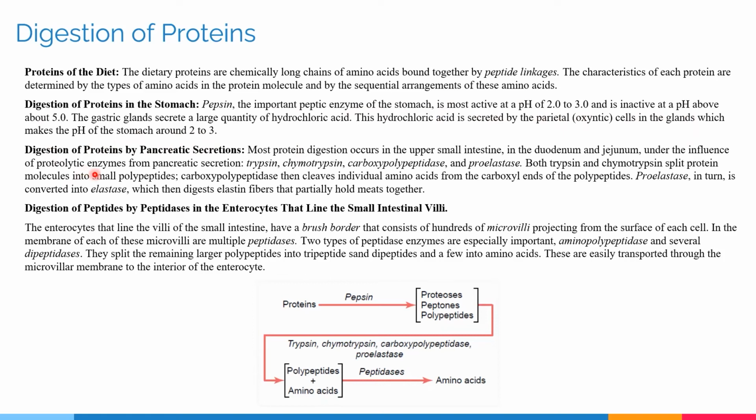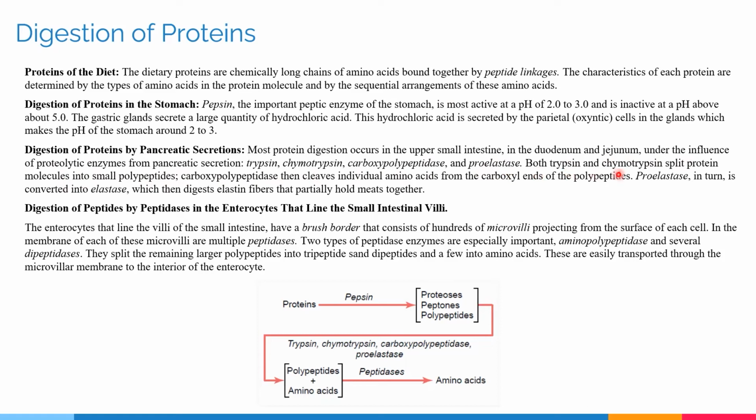Next is the digestion of proteins by the pancreatic secretions. Most protein digestion occurs in the upper small intestine, in the duodenum and jejunum, under the influence of proteolytic enzymes from the pancreatic secretions: trypsin, chymotrypsin, carboxypolypeptidase, and proelastase.